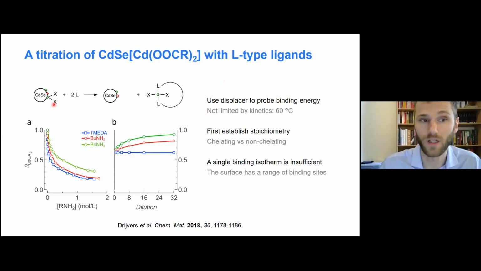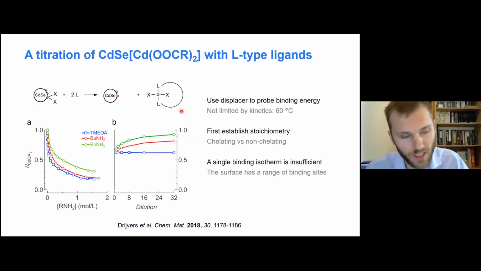But if there are more units on the left-hand side than on the right-hand side, then the reaction will be forced to the left when you dilute. And this is exactly what is happening for butylamine and benzylamine. So this tells you here that actually TMEDA is binding in this bidentate fashion, where these 2 L-type moieties are linked together in TMEDA. So there are 2 units to the left and 2 units to the right.